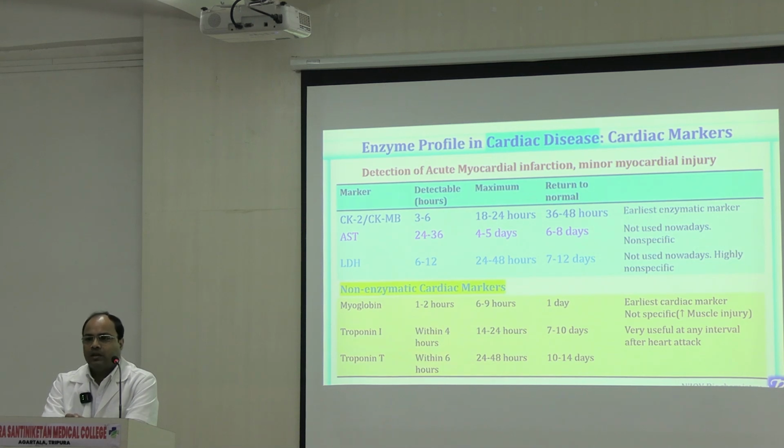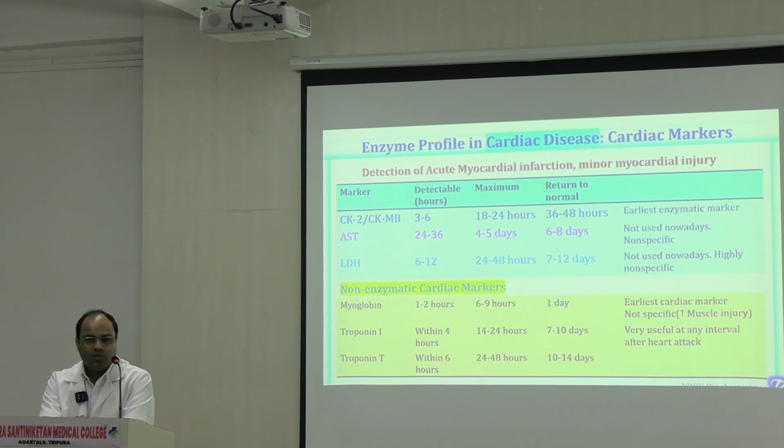Patient feels that I am going to die. First of all, you go for an ECG. In infarction, you can see ST elevation. You will learn in medicine lectures how to interpret ECG.